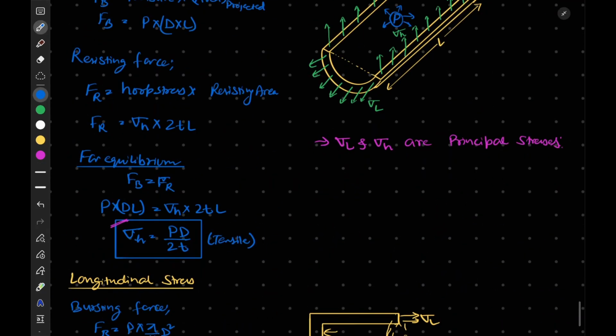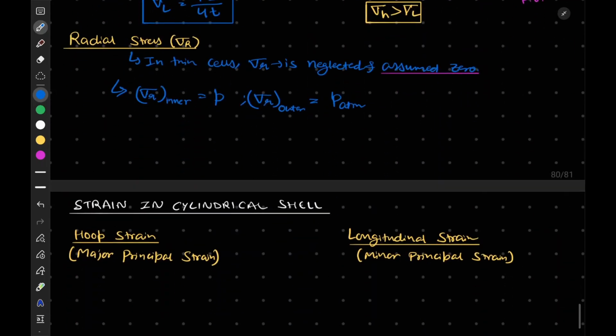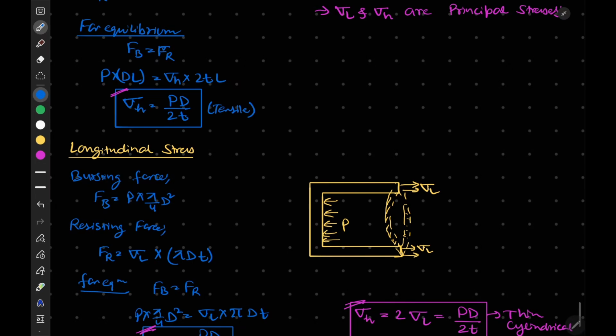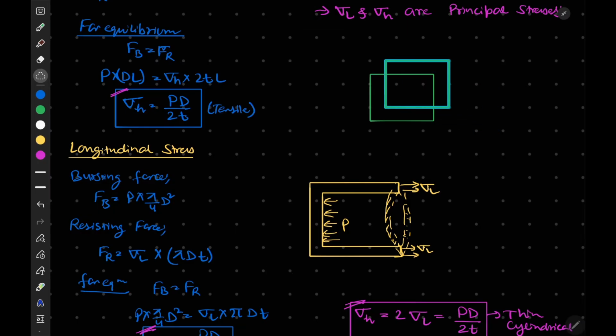So we know that for any section, if we consider any section here on your shell, its state of stress can be denoted like this. So let me draw it here. Let's say that this is a section we have considered. Or for better, let's make it 3D. Now let's join the ends.